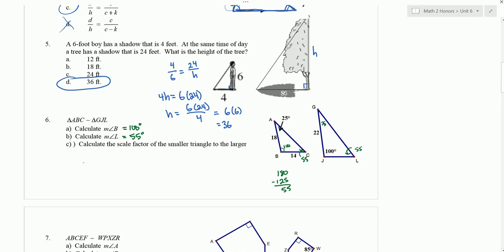And so the scale factor, what do we multiply 18 by? So I'll call that x for scale factor to get 22. And so I'm going to divide 22 by 18, or we could reduce that, cut them in half, we get 11/9 is our scale factor from smaller to larger.